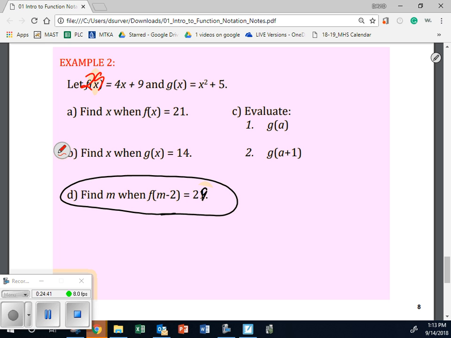If that's 29, what did you figure out that x had to be? X must equal 5. Then you had to go f of 5 is 29. And then from there, you'll see it. I hope. What does m have to be? M must be 7. How many of you knew m was 7?